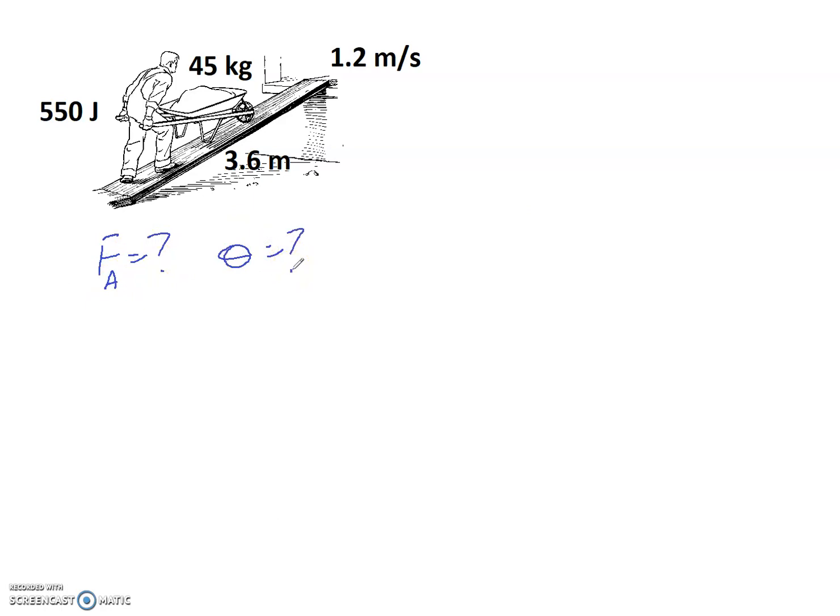Now, if we go back to our basic work and energy type expressions, we had work is equal to FD cos theta. So as long as you apply a force and it moves a distance or displacement, you have done work. And they have to be parallel to each other, and that's where the cos theta can kick in. That's just the angle between the applied force and the displacement. In this case, they would be nice and parallel to each other anyway.